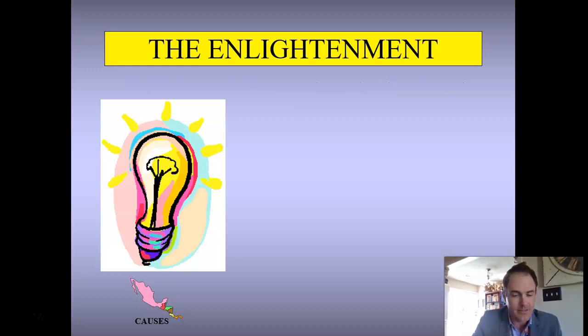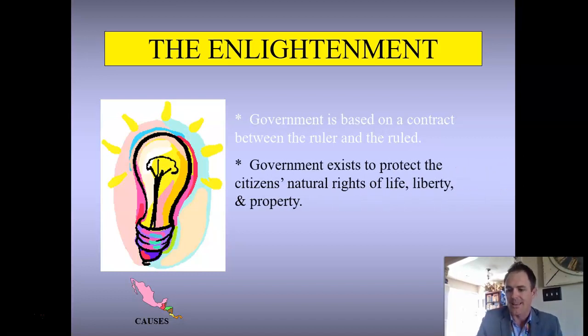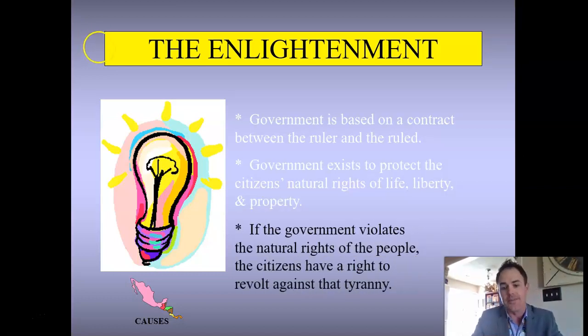After the Enlightenment, thanks to the writings of John Locke, Voltaire, and others, government is now seen as based on a contract between the ruler and the ruled. Governments are not from God. They're from the people, and their job is to protect the citizens' natural rights of life, liberty, and property. And if they aren't doing that, the citizens have a right to revolt against that tyranny.